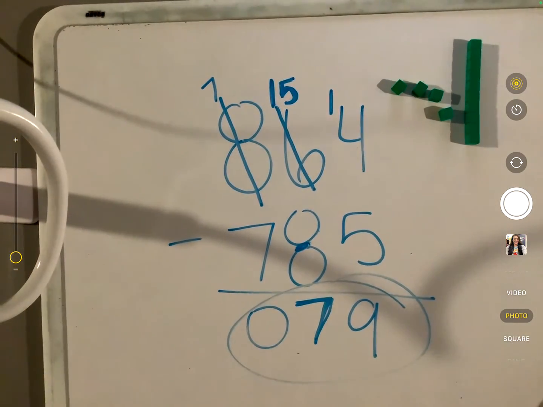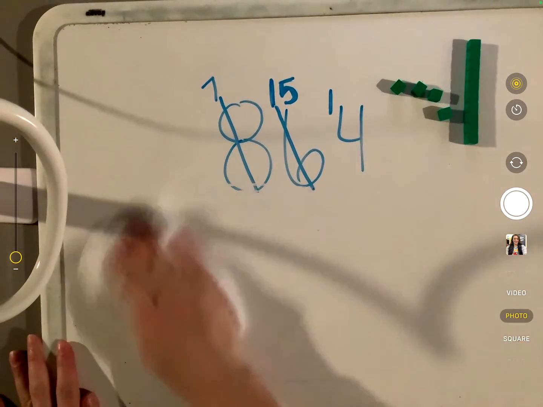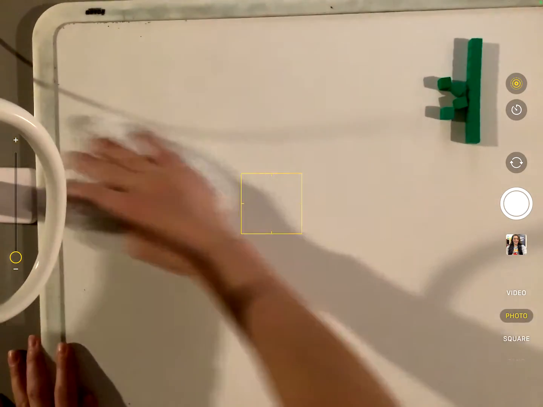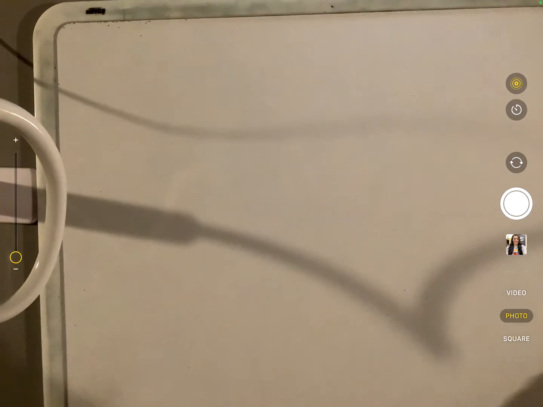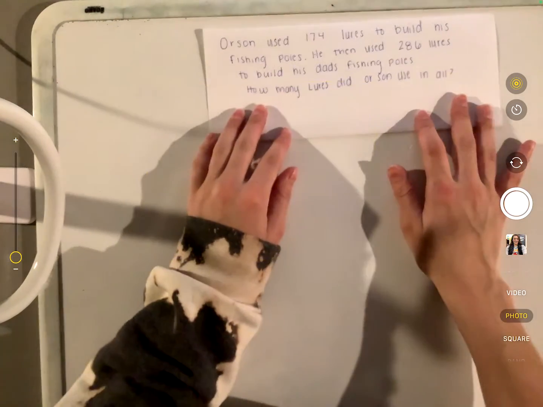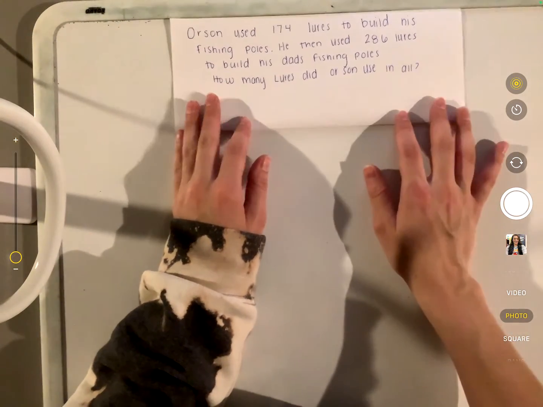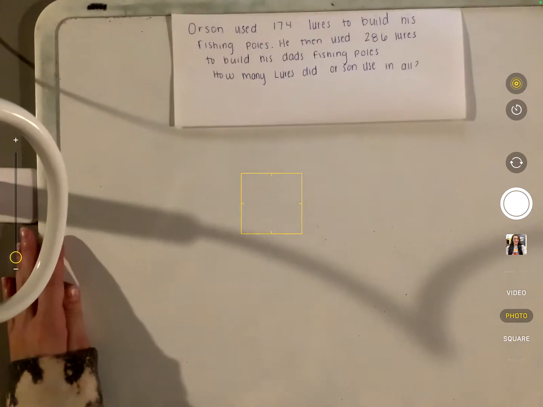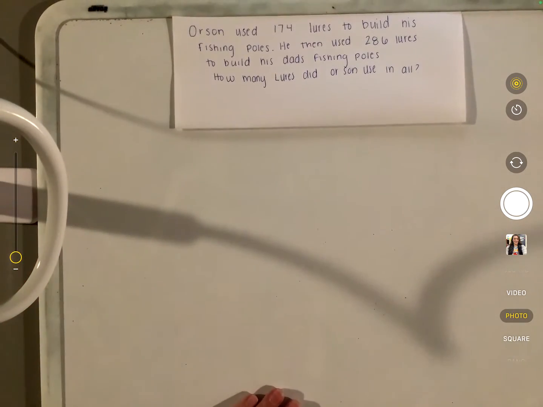All right, so now we're going to do something a little bit trickier, okay? Word problems. All right. If I gave you this problem right here, okay? Orson used 174 lures to build his fishing poles. He then used 286 lures to build his dad's fishing poles. How many lures did Orson use in all?